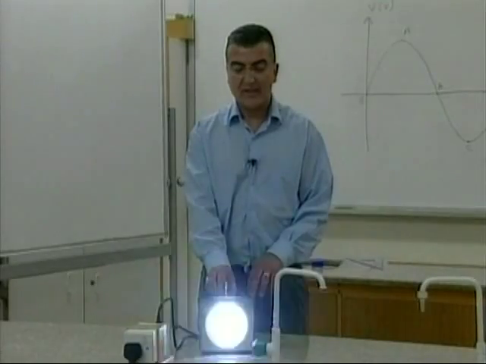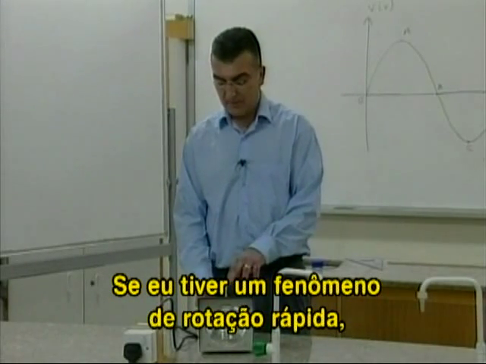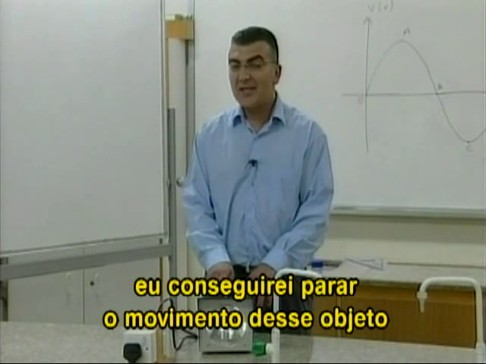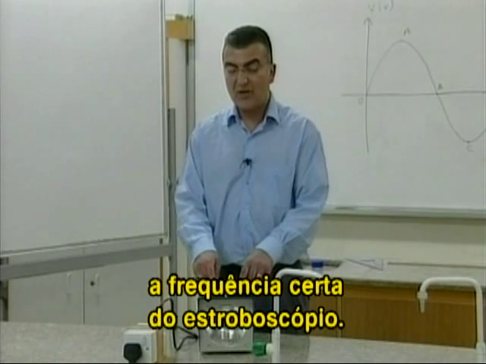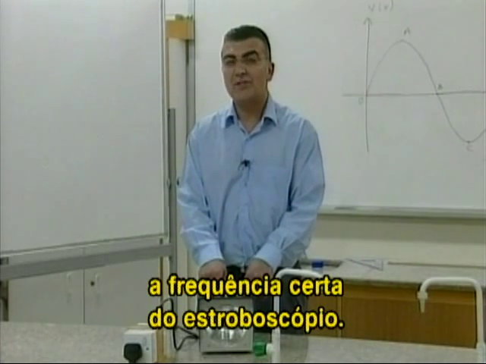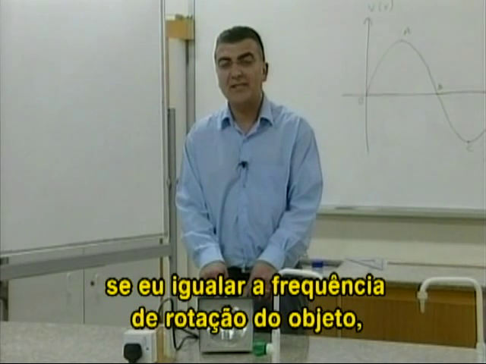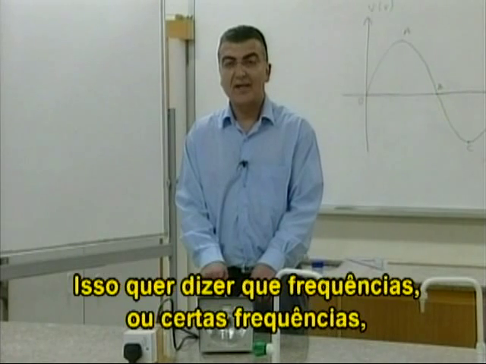I can increase it or decrease it. Now, if I have a fast-moving or rotating phenomenon, I can freeze the motion of that phenomenon if I can find the right frequency on the stroboscope. That means if I match the frequency of the rotating phenomenon, I can freeze the motion.